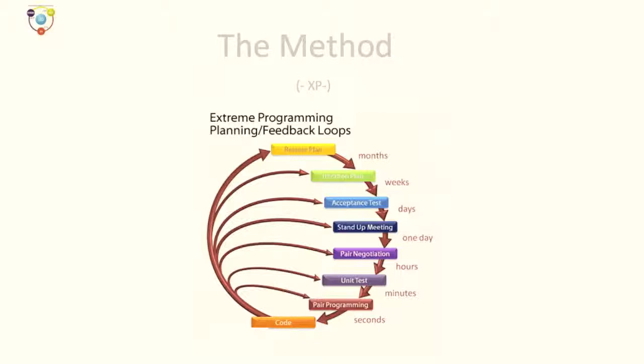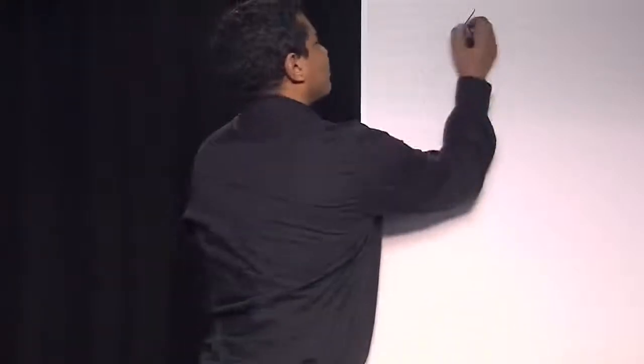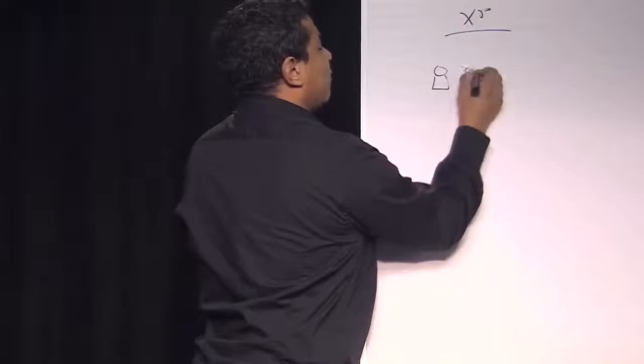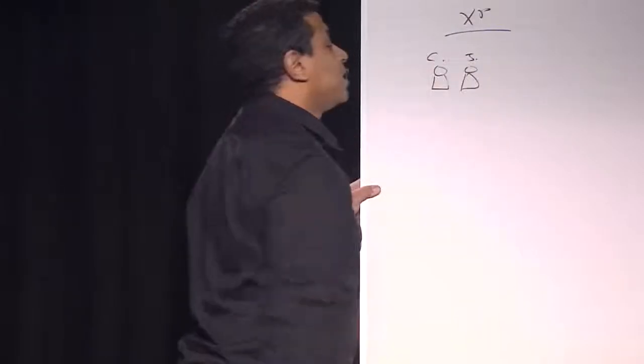The symbol of XP is about coding. It's about pair programming. What is pair programming? Pair programming means that I have two people, let's say Charles and Joe.